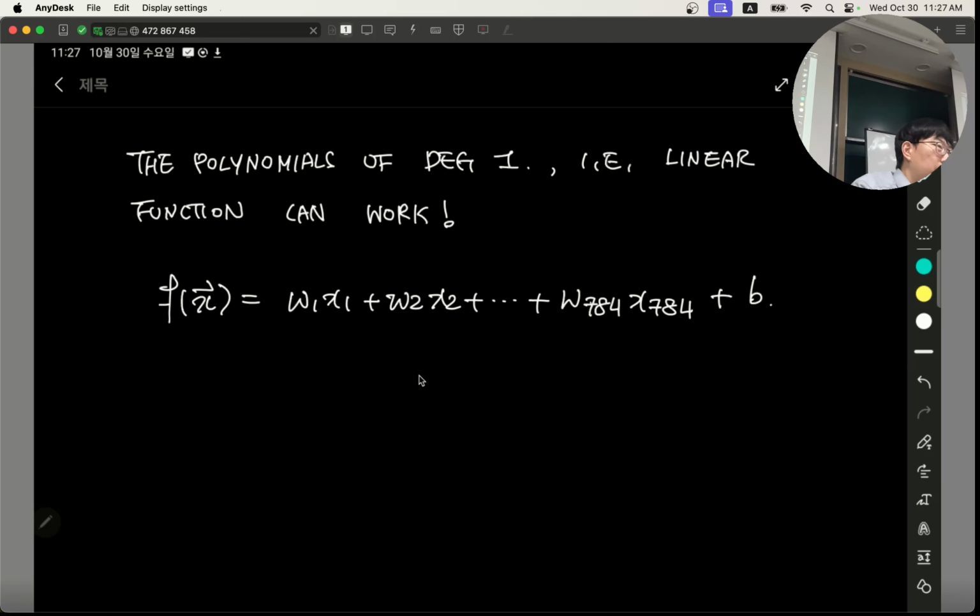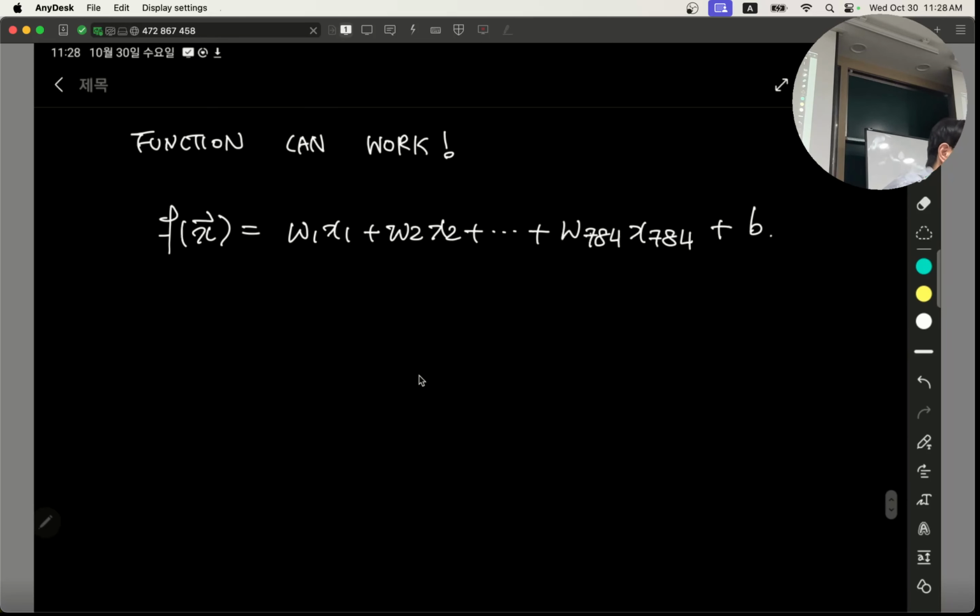So that's not it, because we don't know what the coefficients W and B are. The next step is we need to optimize this W and B. Okay. So now here's where the famous picture comes. So here you have x1, x2, and up to x784. Each is called a neuron. Neuron is not really a biological neuron.